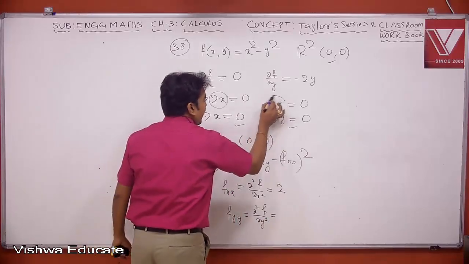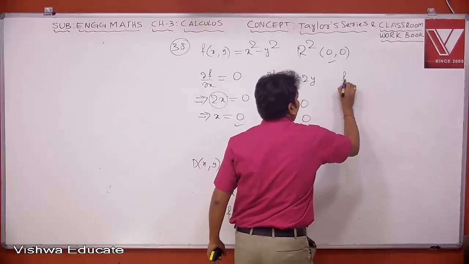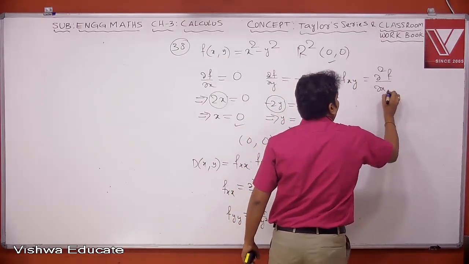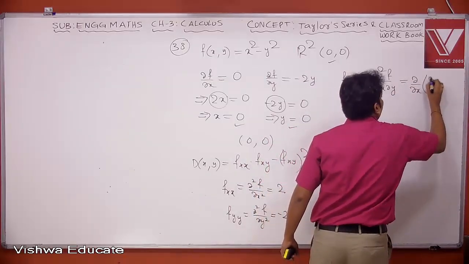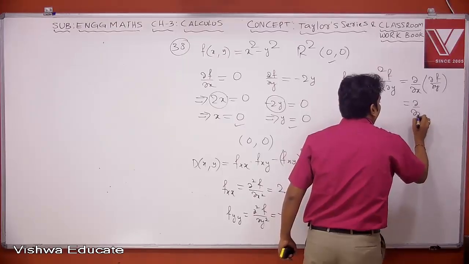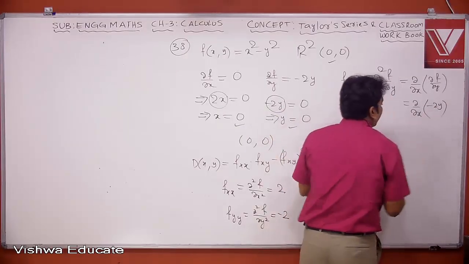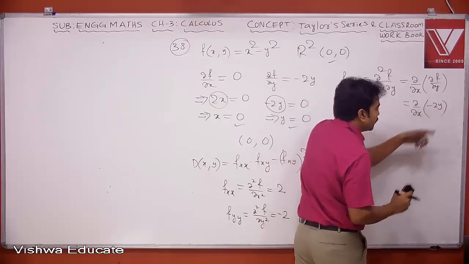Now differentiate this again with respect to y, we get minus 2. What is fxy? fxy means ∂²f/∂x∂y. So this is nothing but ∂/∂x of ∂f/∂y, which is ∂/∂x of minus 2y.